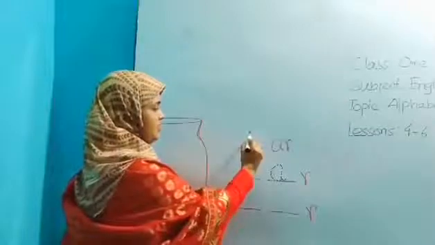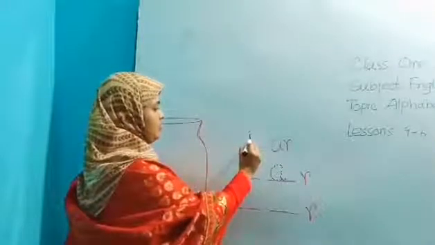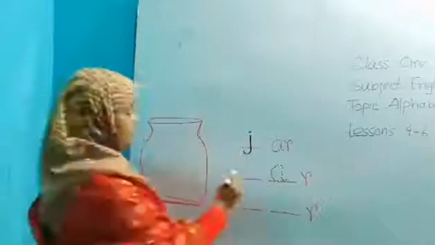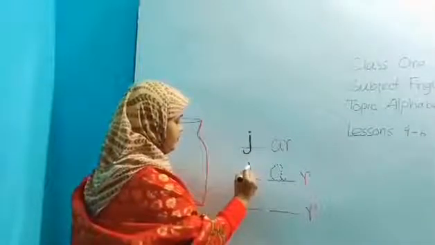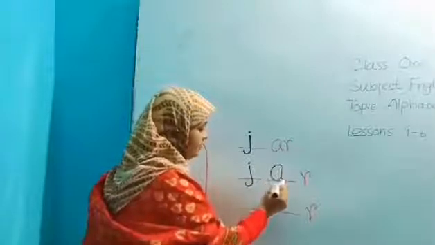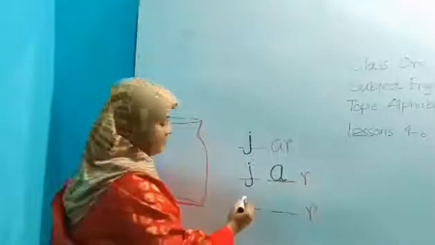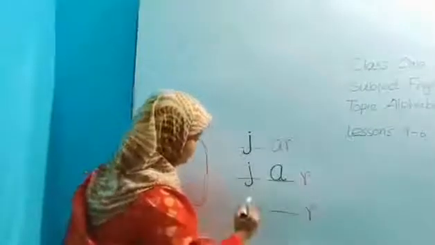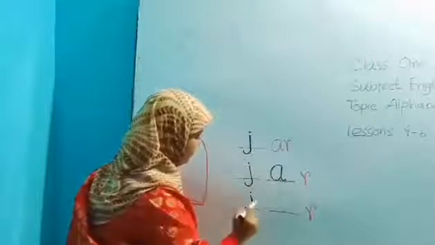This is J, small letter J. I trace small letter J. In second gap, I write J and trace A. In third gap, I write JA.